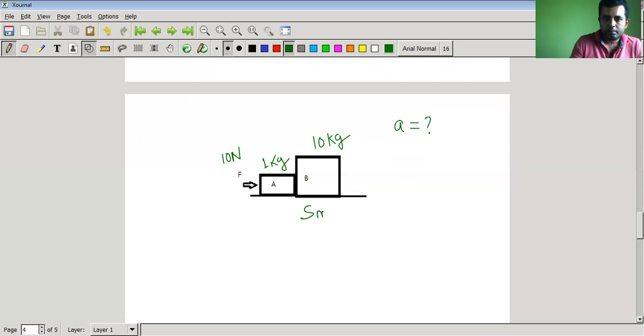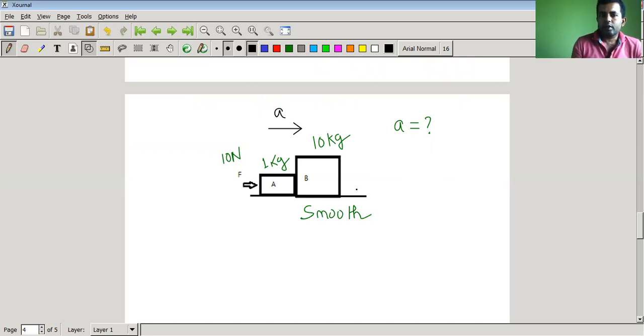Okay. Now, what is the acceleration of the system? You can see this 1 kg and 10 kg combined will give you 11 kg. As this force will act, we all can agree that this entire block will move in this direction. So acceleration will be in this direction.